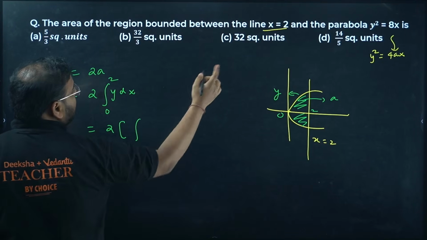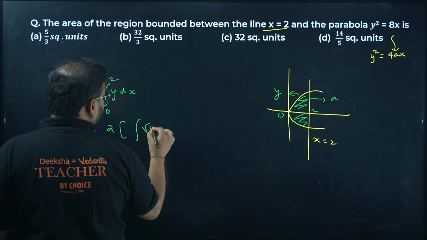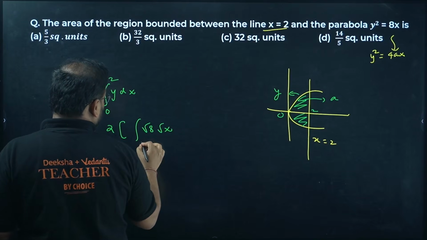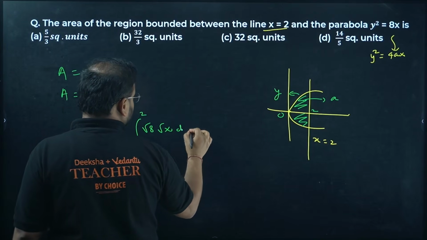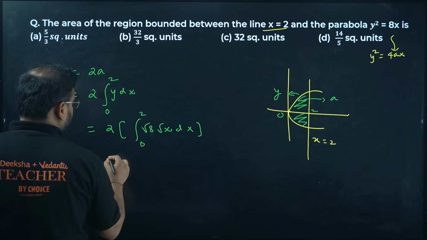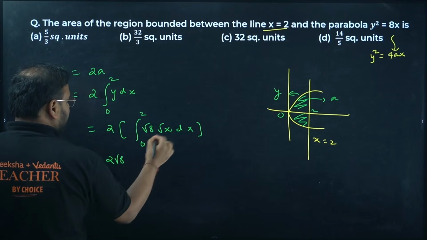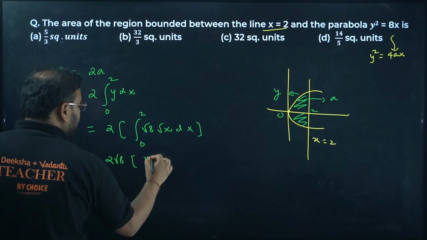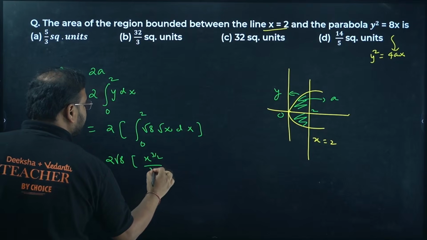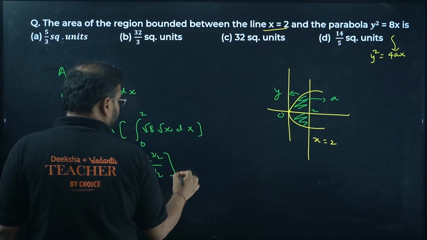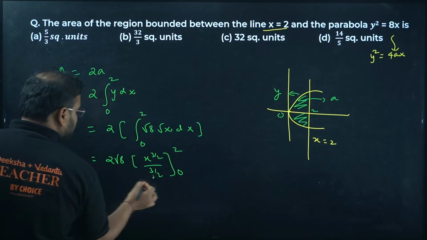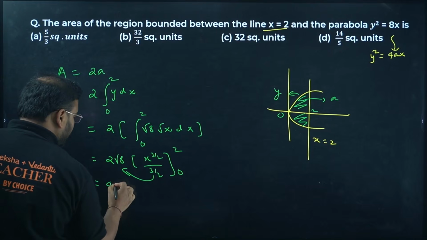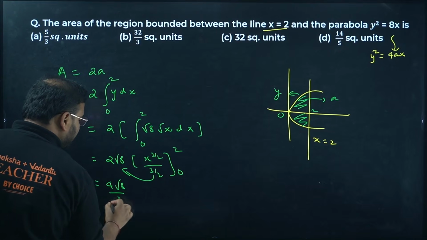Y value is, from there you can check, root of 8 root of x from 0 to 2 dx. Take the constant outside, you'll get 2 root 8. Integrate root x, you'll get x power 3 by 2 by 3 by 2, from 0 to 2. Bring the constant outside, you'll get 4 root 8 by 3.